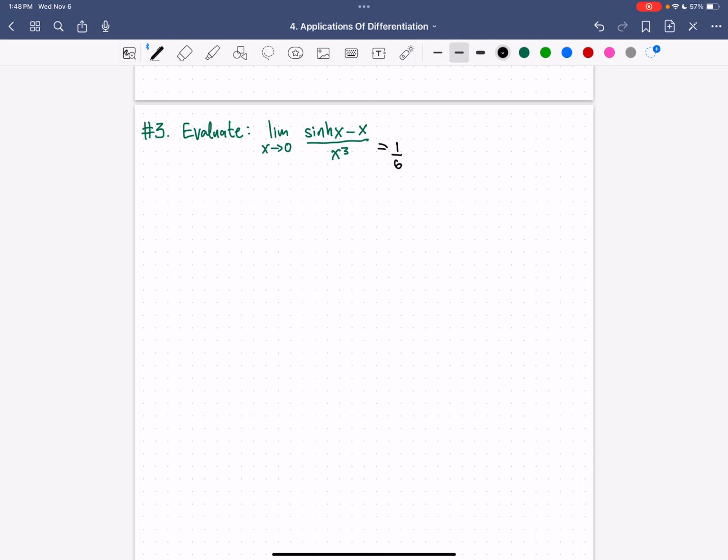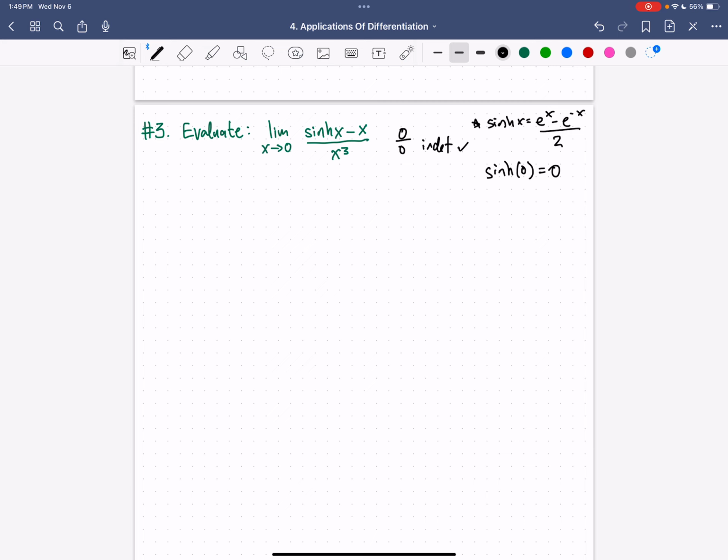Now, if it helps, remember sinh x is equal to e to the x minus e to the negative x over 2. If we let x go to 0, we can see clearly that sinh of 0 is equal to 0. So as x goes to 0, we get 0 over 0, which is indeterminate.